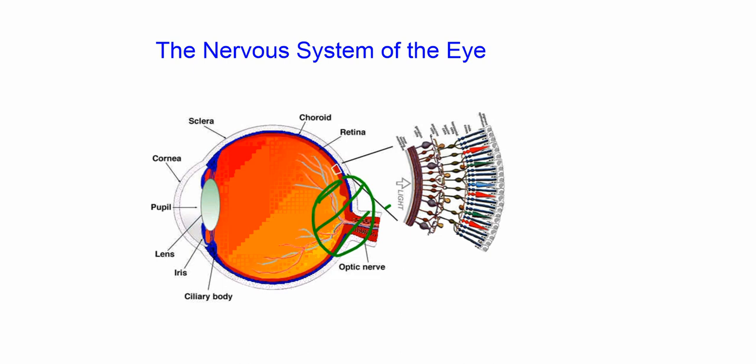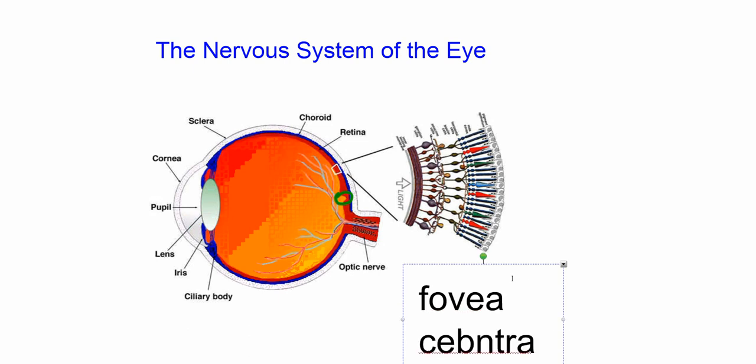I'm going to draw this a little better than that. So the highest density would be found like there. Where is the absolute highest density? It's right in this little area right there, yes? That's going to be your highest concentration of cones where you have the best color vision. And that area is called the fovea centralis.